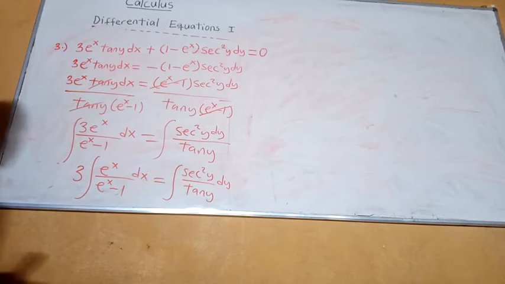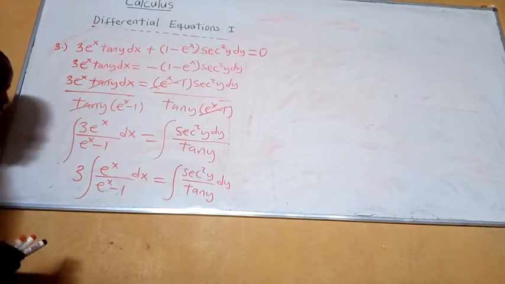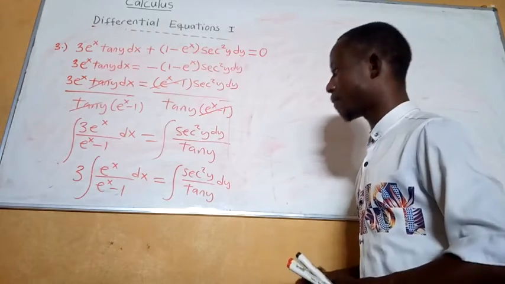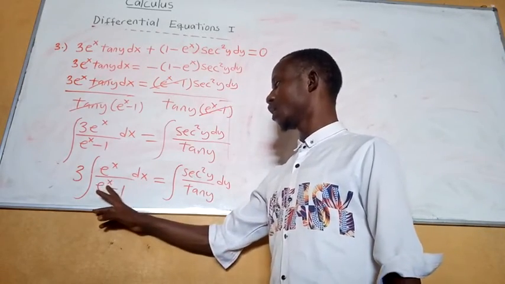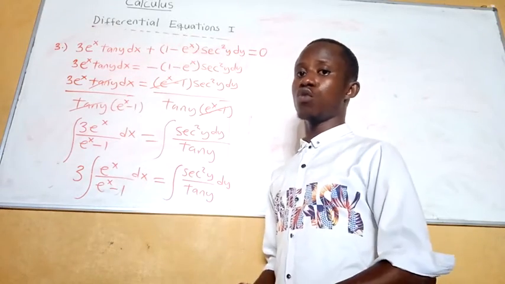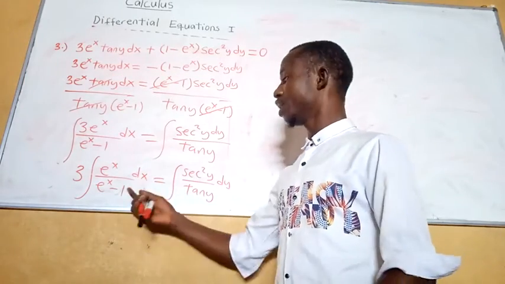Now, integrating e^x over e^x minus 1, we have ln of e^x minus 1, because when we differentiate the bottom we get the top. That is just one of the essence behind the use of substitution in integration.